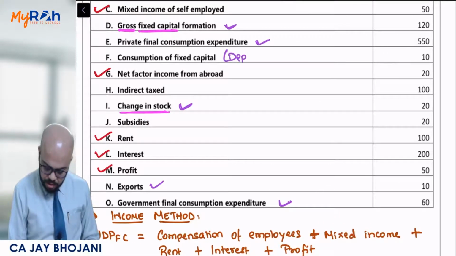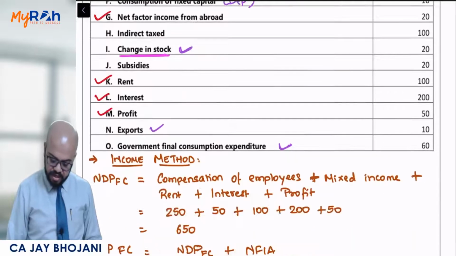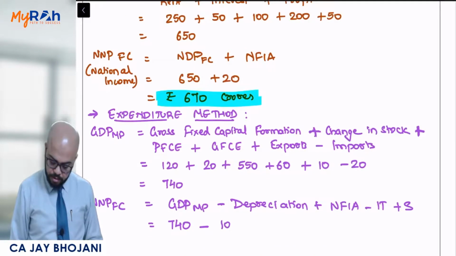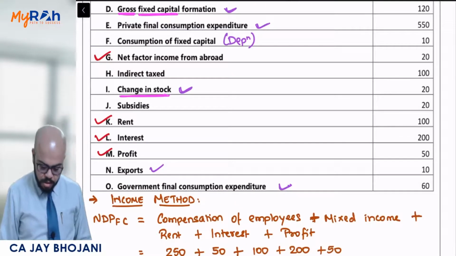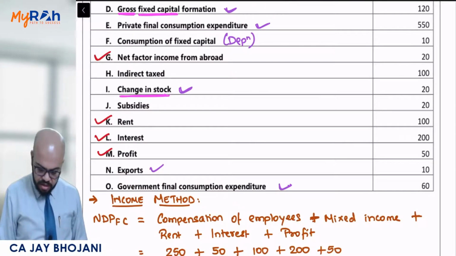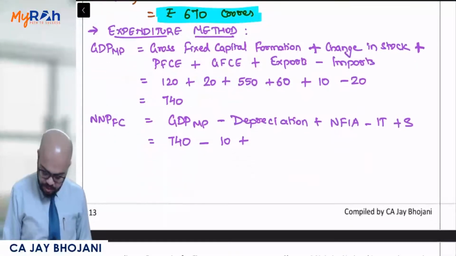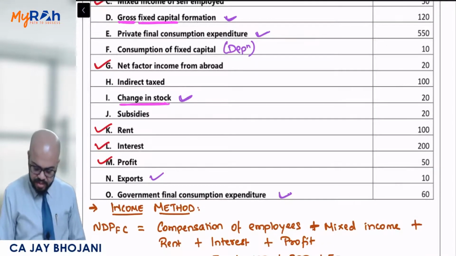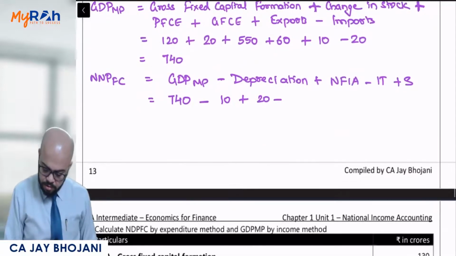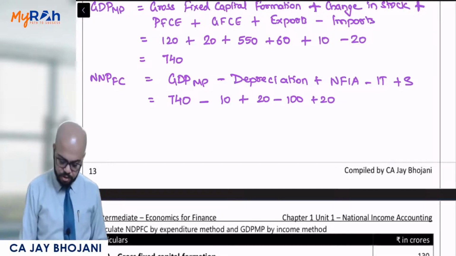Okay, this is depreciation. So 10, plus NFIA. NFIA is given as 20. Minus indirect taxes. Indirect taxes are 100 and subsidies are 20. So minus 100 plus 20. Let's see how much is this.